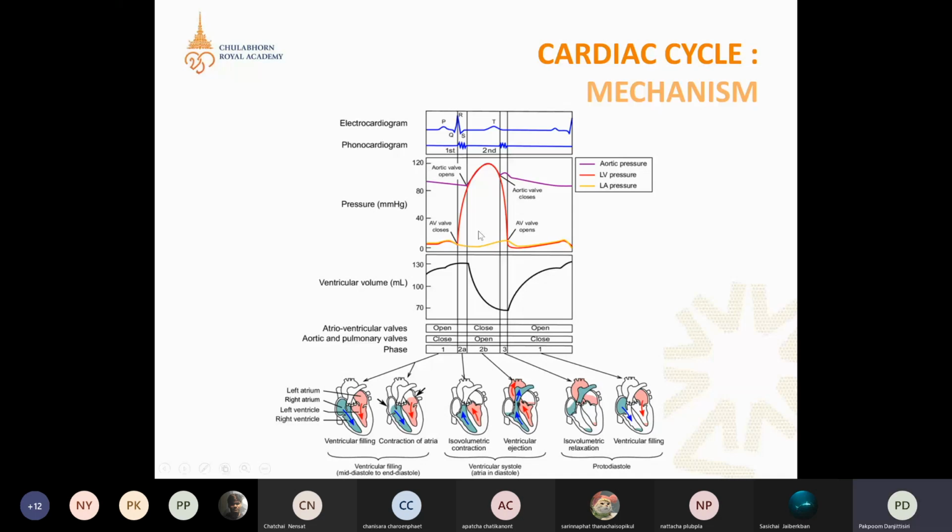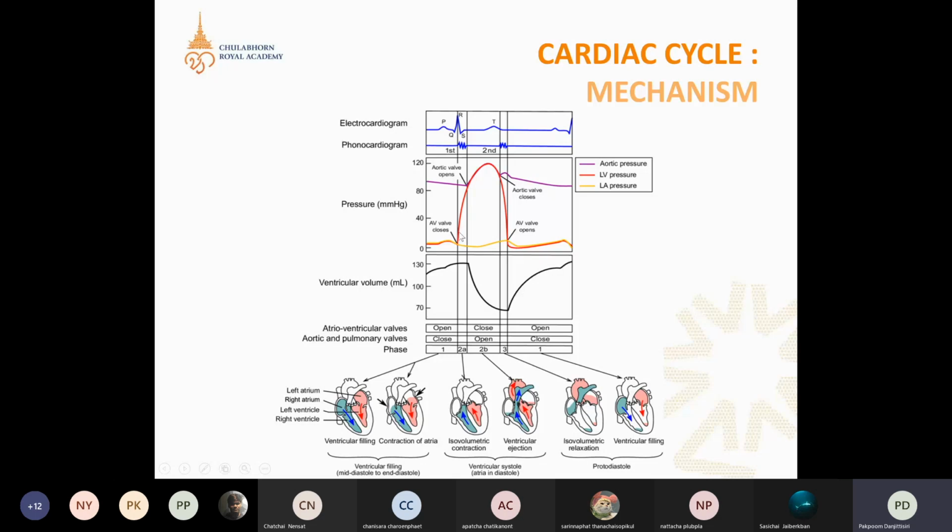So during this phase, all of the valves are closed, and the ventricles will try to build pressure inside the ventricle in order to get higher pressure, I mean higher than the aorta, in order to be able to inject the blood out into the aorta.